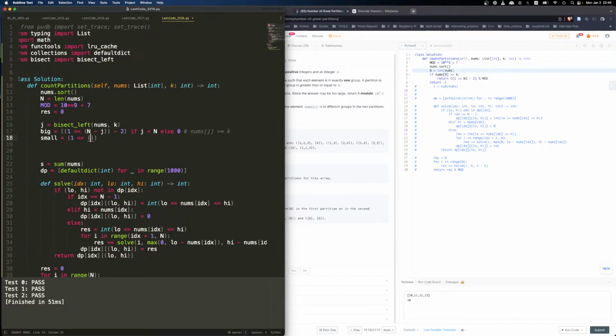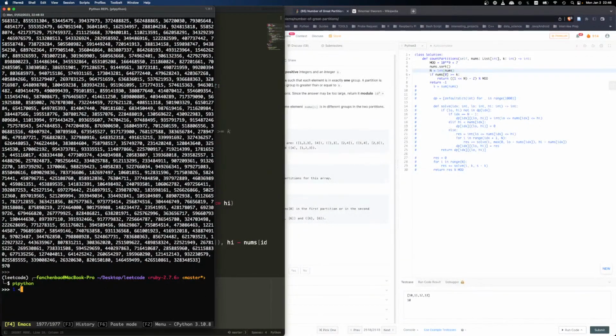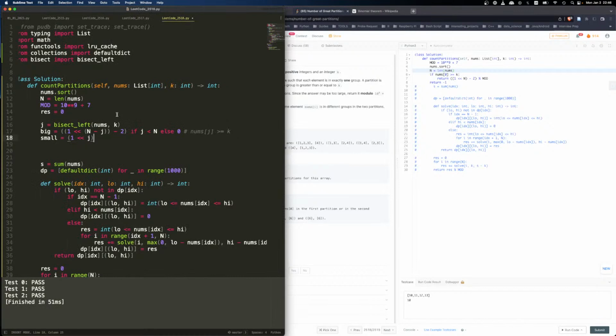J. Right? What if j is equal to 0? What j equal to 0 is, if j is 0, then we don't have small.